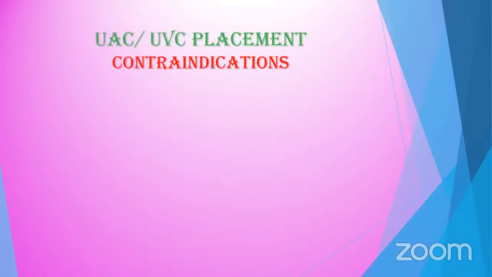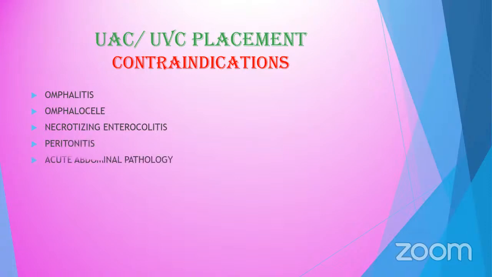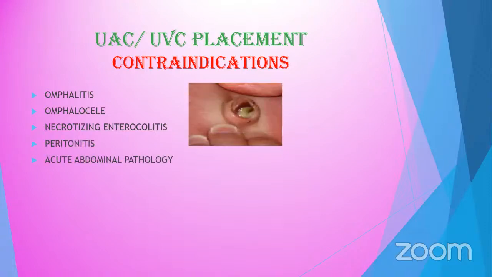And then UAC and UVC placement contraindications. You already mentioned that. Yeah. So omphalocele, omphalitis is the infection of the umbilicus. Omphalocele, the organs are outside. Then necrotizing, this is commonly necrotizing enterocolitis.